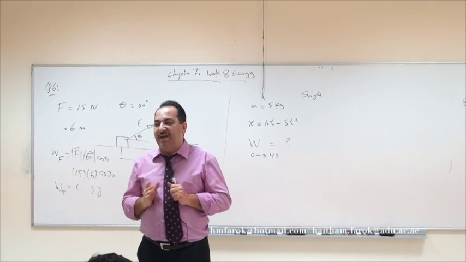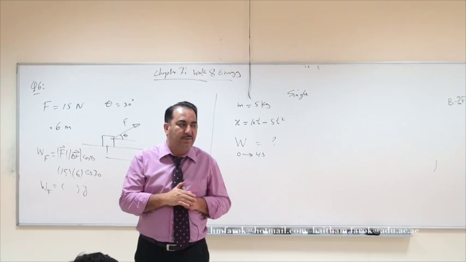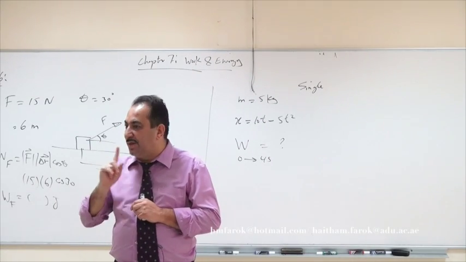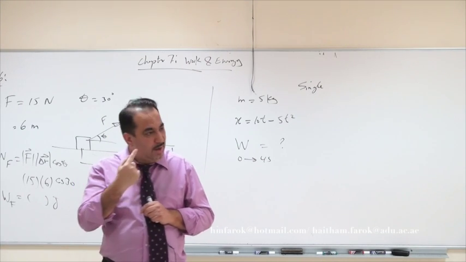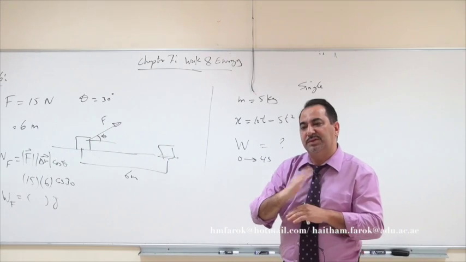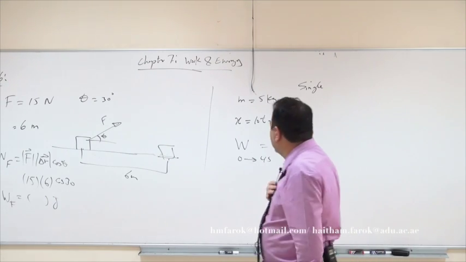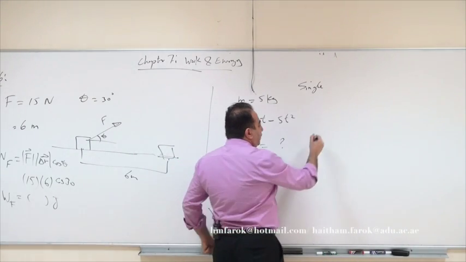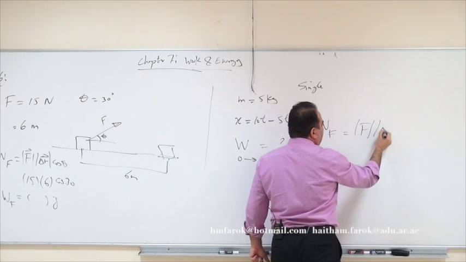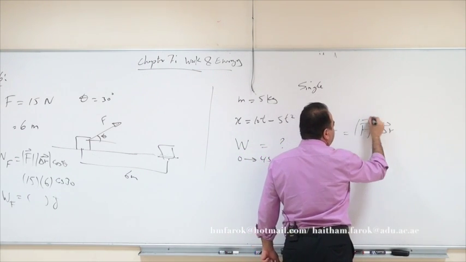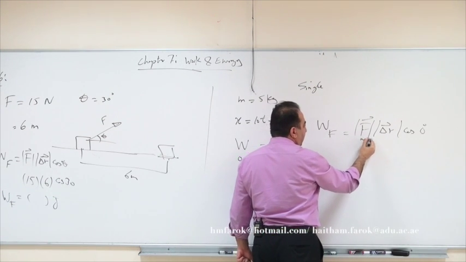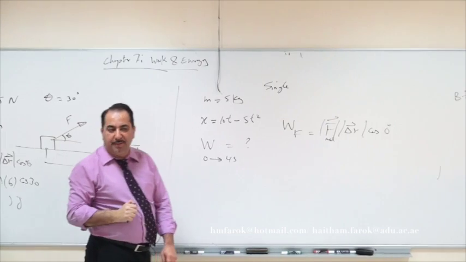So if you have F net and you have displacement, what's the angle between F net and displacement? 0. You know the angle. When you have F net, the angle between F net and the displacement is always 0, moving in the same direction. So what I need here to do, I say W equal F delta R or x, doesn't matter, cosine 0, because this is F net, W net.